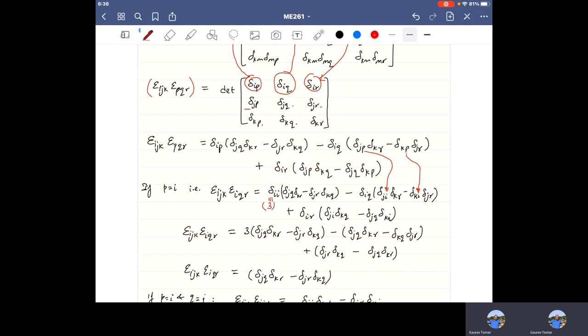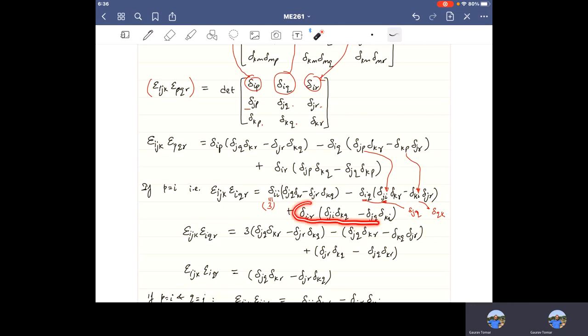So now if you rearrange this, when you send this inside, delta IQ inside, you will get this as delta JQ. So these together would become delta JQ, and this quantity with this quantity will become delta JK, which is what we're writing here.